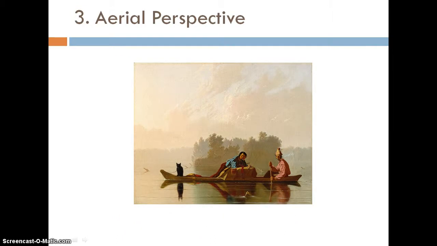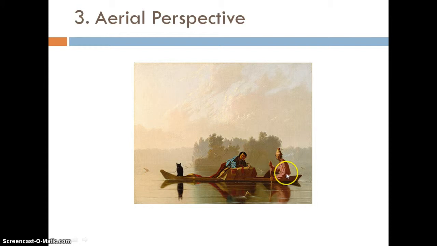Aerial perspective is when the artist might use high-low placement, overlapping, and particularly, if you will notice, the darker values and the warmer colors are used in the foreground. For example, look at the reds in here. And remember how color has those three qualities: hue, value, and intensity?